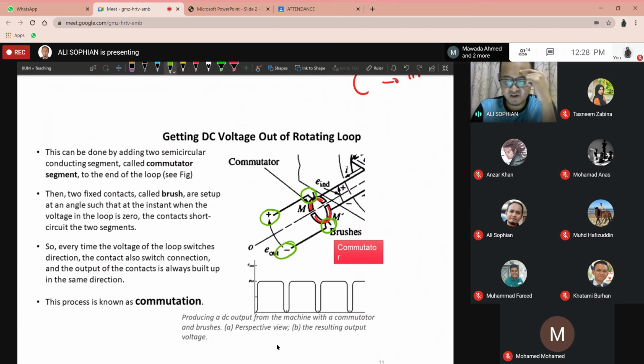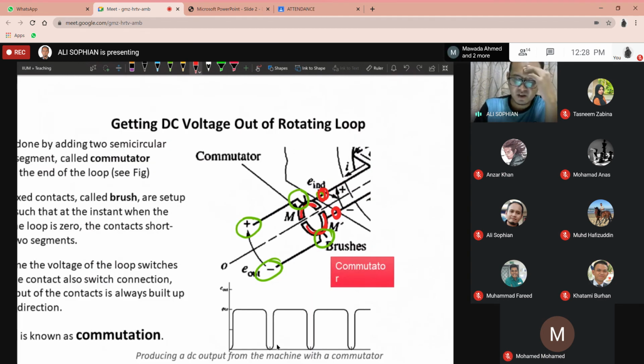Before, when we didn't have the commutation, the output was at the ends of the loop, which are these. So this was the old connection, and this is the new one with the commutation.